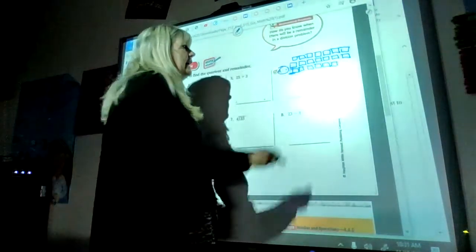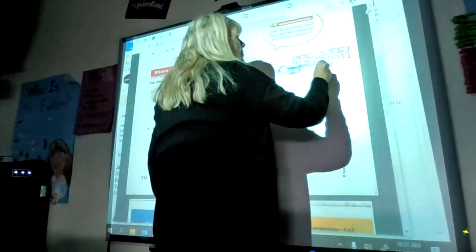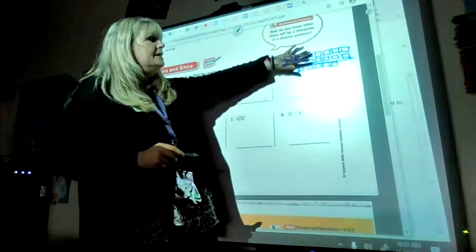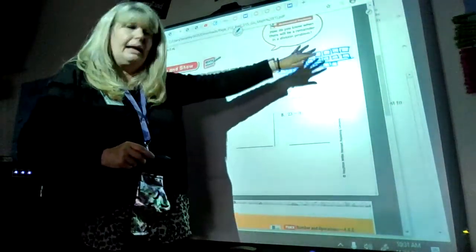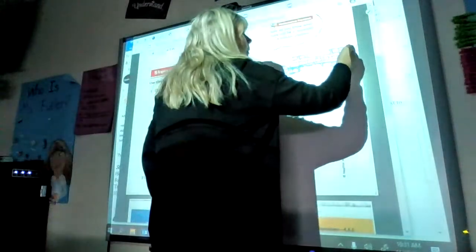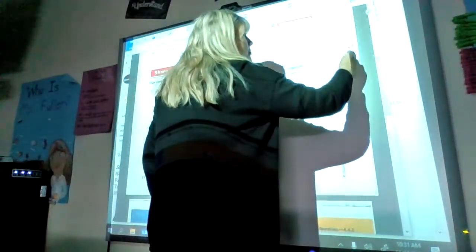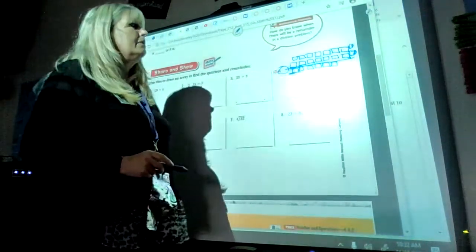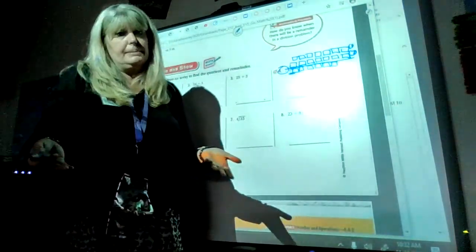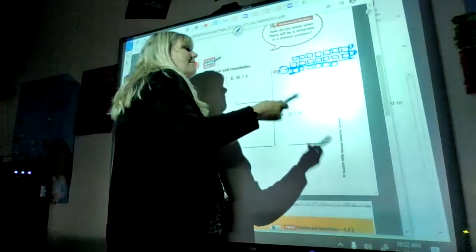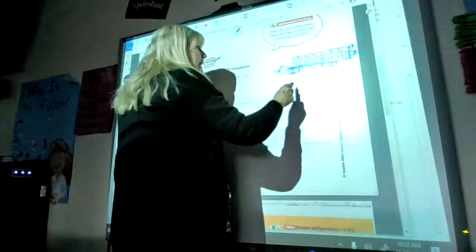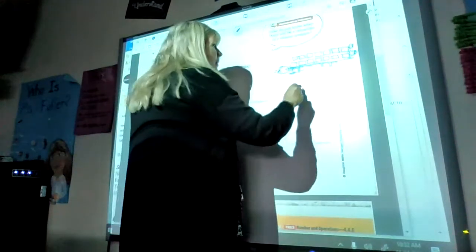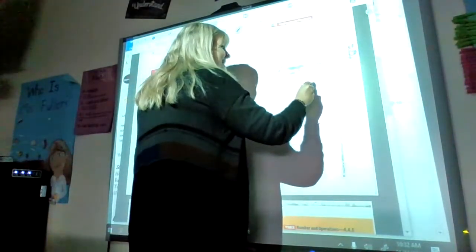I didn't get another complete row. So I'm going to draw my line right there. These are the complete groups of 7 that I have. So I have one complete group of 7, 2 complete groups of 7. And these are my remainders, and my remainder appears to be 6. So my answer to this would be 2 whole groups of 7 with a remainder of 6.